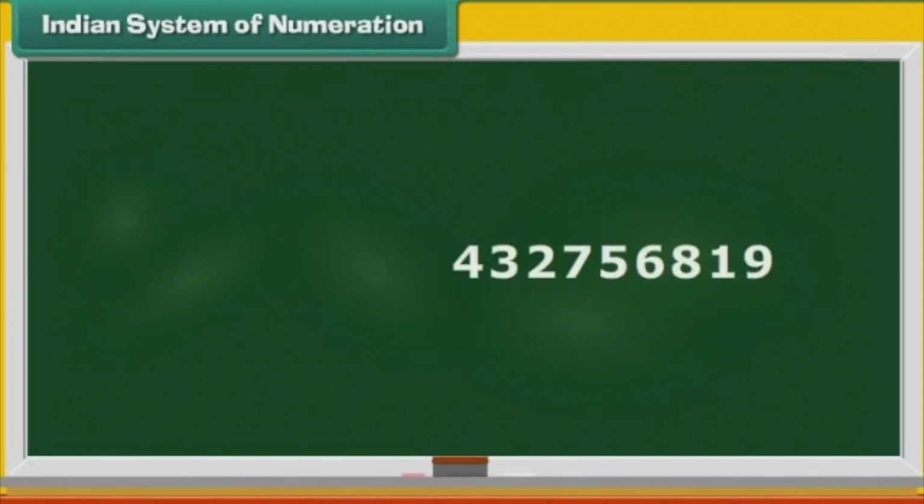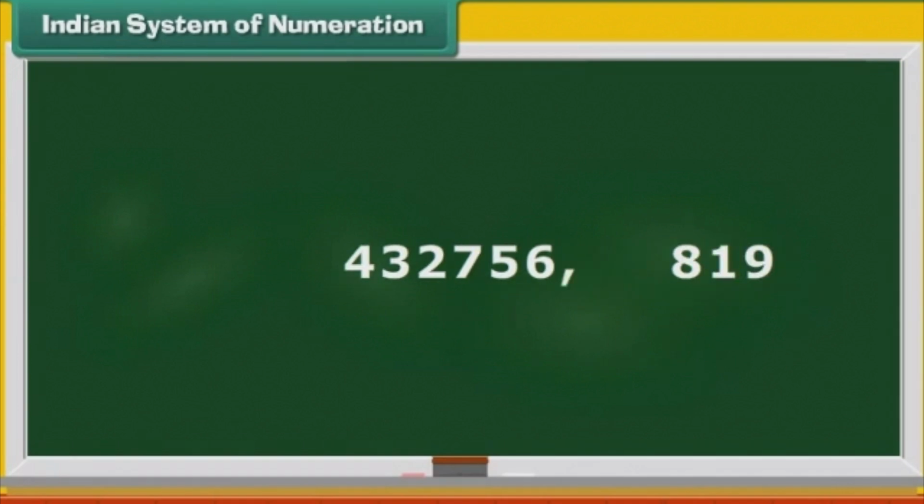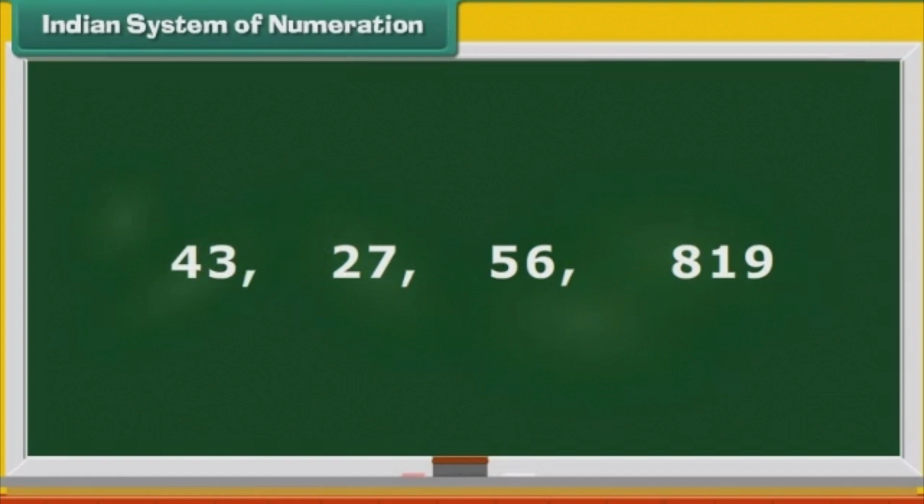Consider the number 432756819. We count 3 digits from the right and place a comma before 8. Then we count 2 more digits and place a comma before 5. We count 2 more digits and place a comma before 2.